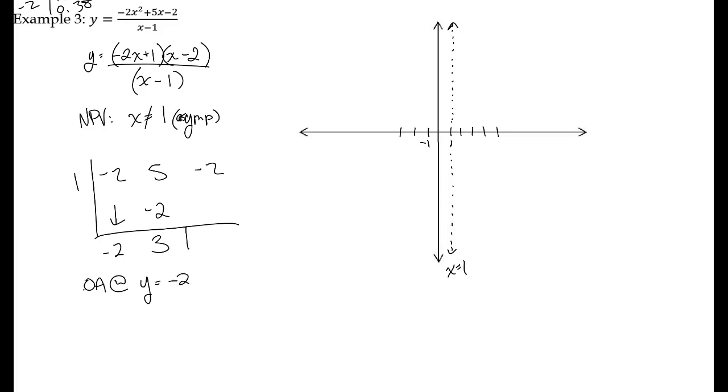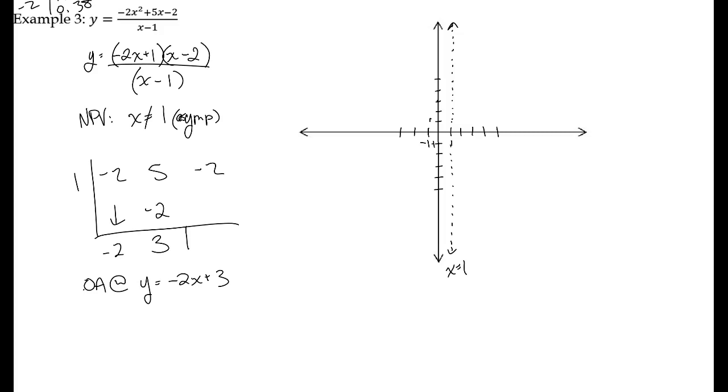And then for my oblique asymptote, again, I'm going to do some synthetic division. So I'm going to go 1, going into negative 2, 5, and negative 2, 3. So my oblique asymptote is going to be at y equals negative 2x plus 3. So in terms of drawing that in, again, make sure your scale is labeled.